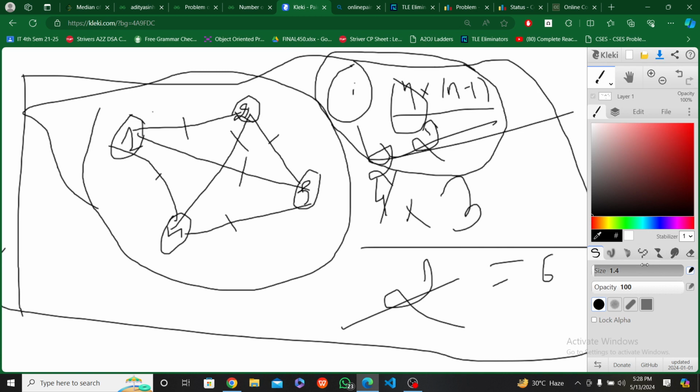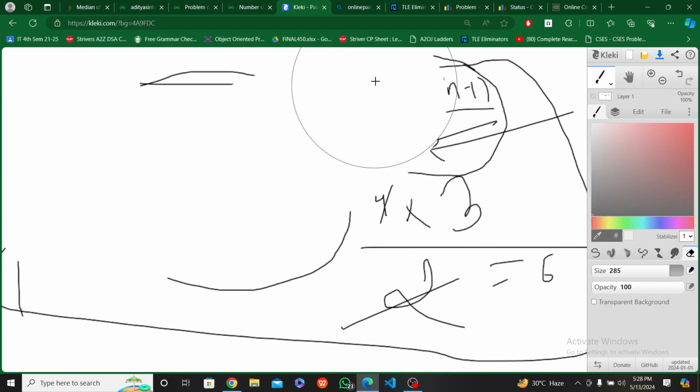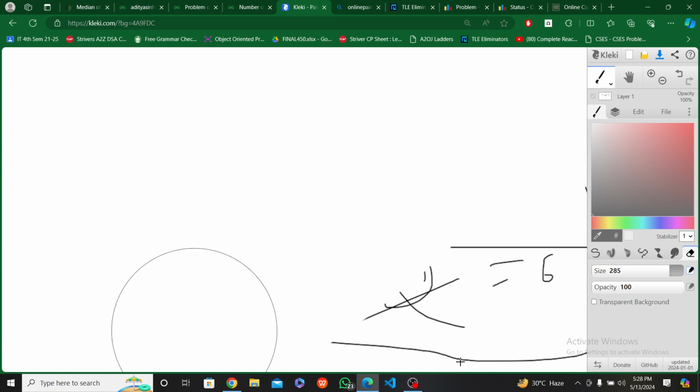Now the next thing, let me erase that. This is my second example. This is one of my components, this is another one, and this is another one.